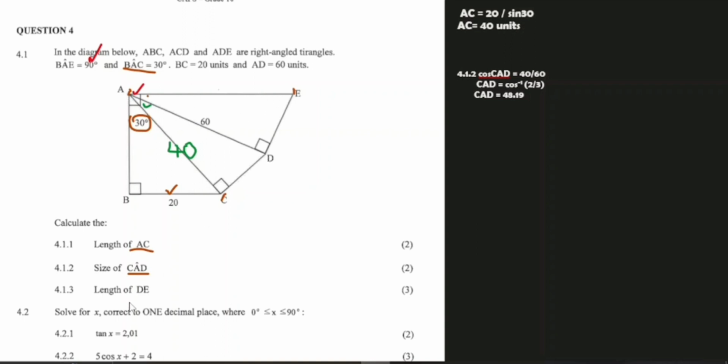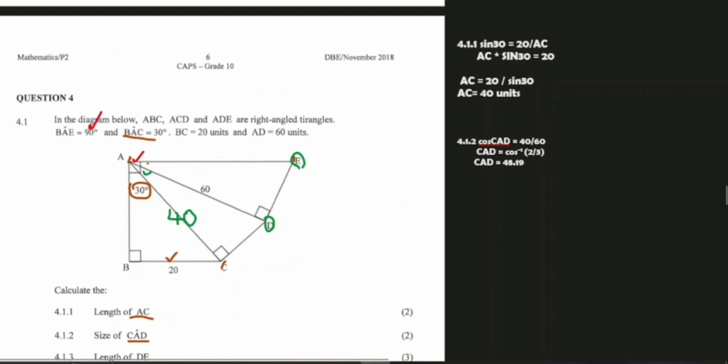Okay, here they say calculate the length of DE. And as you can see right here, it is for 3 marks. So it means that we have to do an extra step. So how are we going to get the length of DE? First of all, you have to say angle DAE is equal to angle BAE, which is 90 degrees, minus angle BAC and CAD.